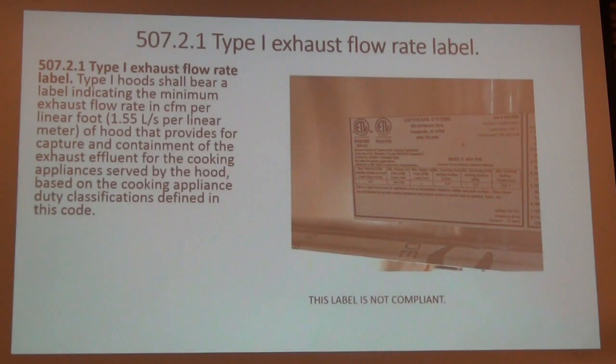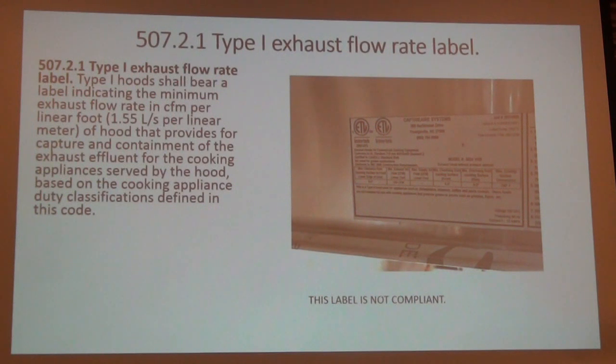Exhaust hood label. I put a note here. What happened is I would go and do an inspection, and I would look at the label on the hood, and it says you need so many CFM for this temperature. I could care less what the temperature is.